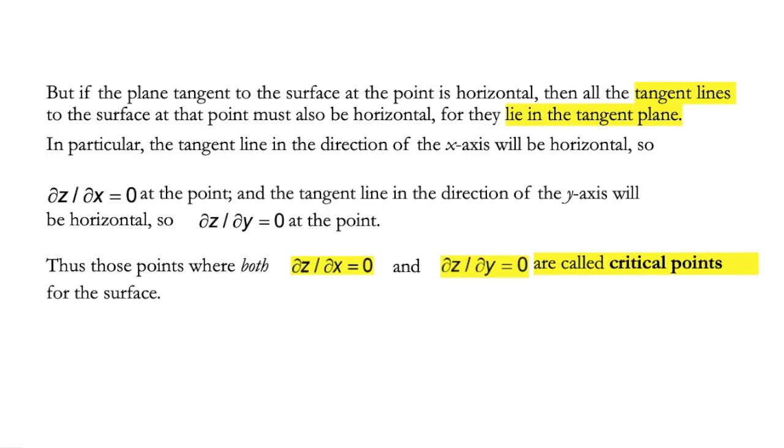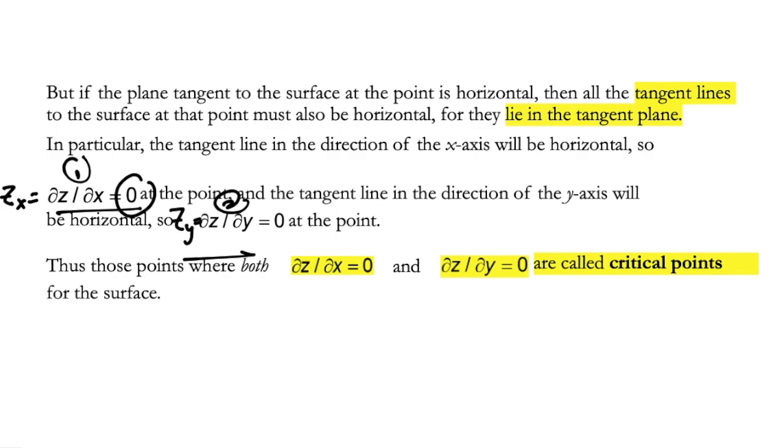So here, if you find the partial derivative of z with respect to x, which can also be denoted as zx, it must be 0. The same goes for the partial derivative of z with respect to y, which must be 0. So this one is zy equal to 0. Both number 1 and number 2 must be 0 at that particular point.